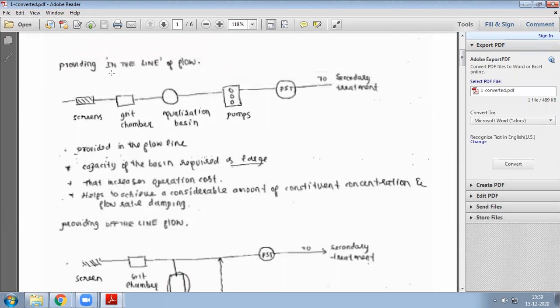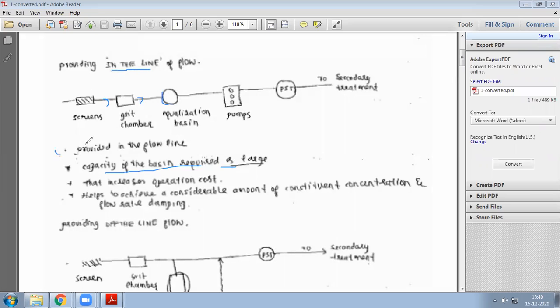So when will they provide inline? See here, when the flow is in the line, if the required capacity of the basin is large, at that time they provide the equalization basin in the line only. Meaning as the flow is happening, in the same direction the tank will be there. That is why it is termed inline flow.